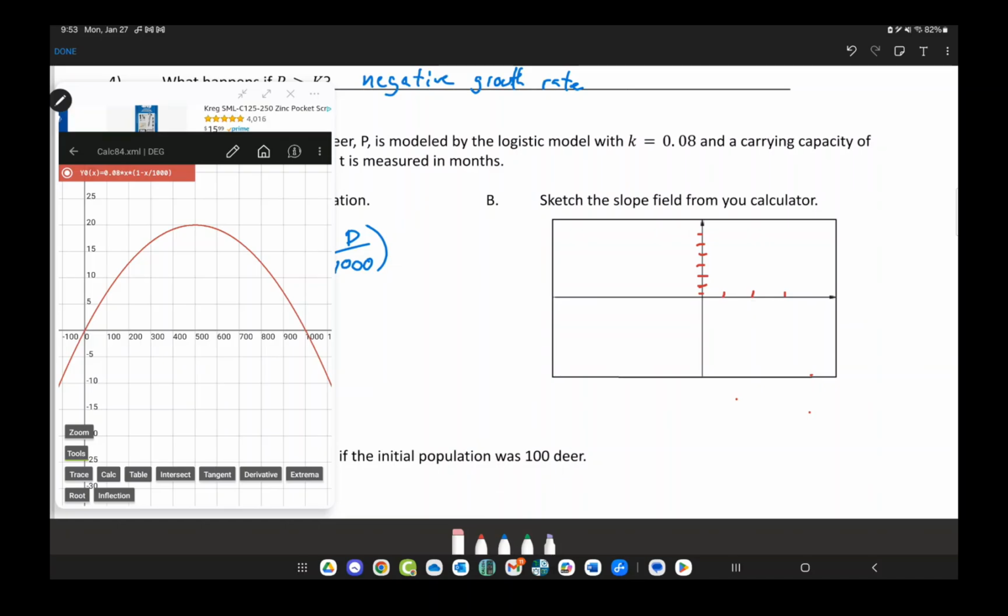This looks like, at time equals, so let's note the point of interest is halfway between 0 and K. This is when the population growth is the fastest.